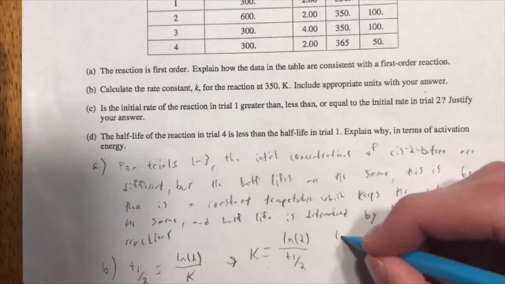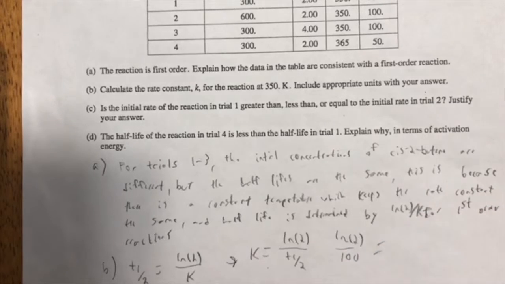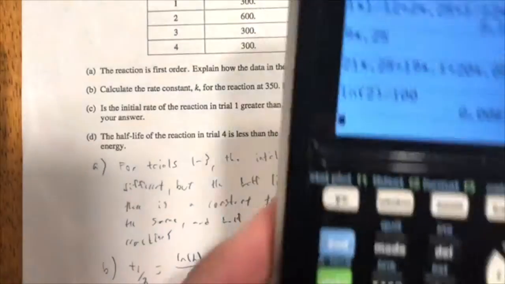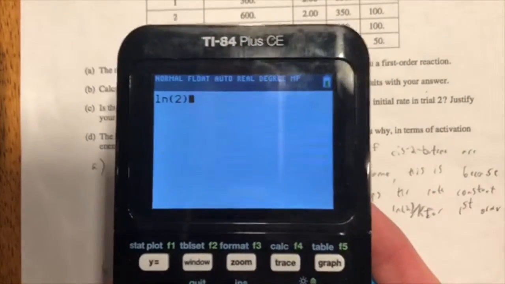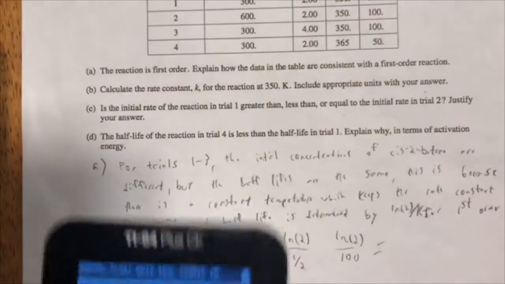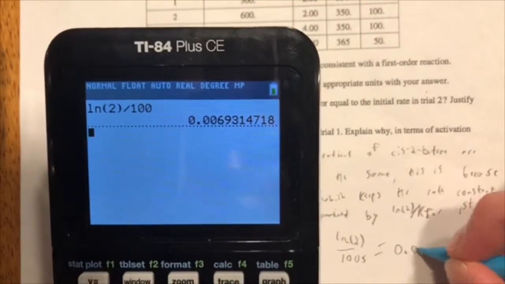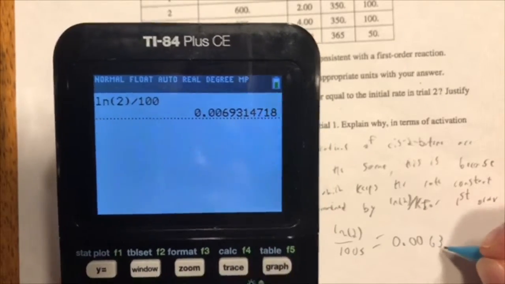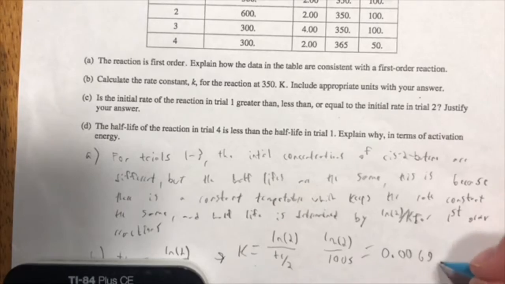So if we do ln 2 over 100, with 100 measured in seconds, we're going to get 0.0069693, and that's per second, seconds to the negative 1.